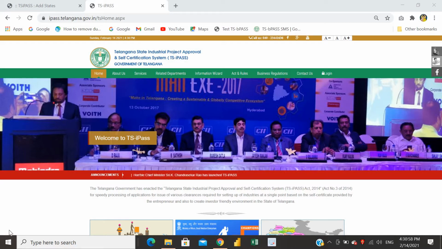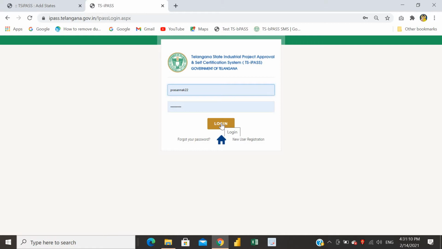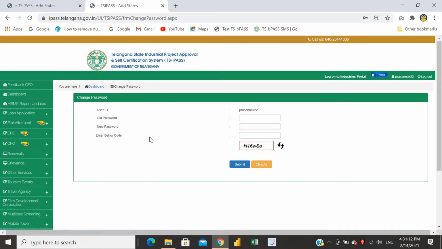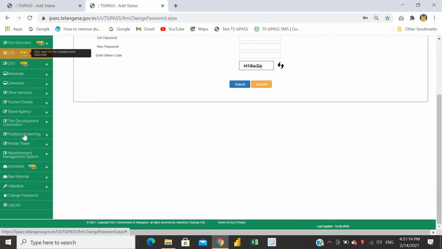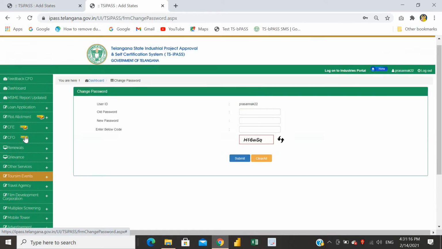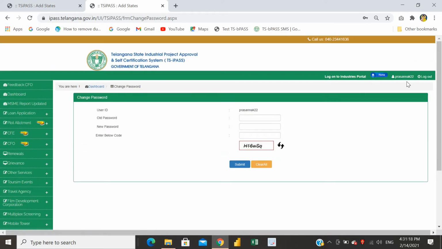So now let us log in to see how to fill and submit the CFE questionnaire. As I have already registered, I am using my registered username and password for logging in. On the right hand side you can see your name and the profile.